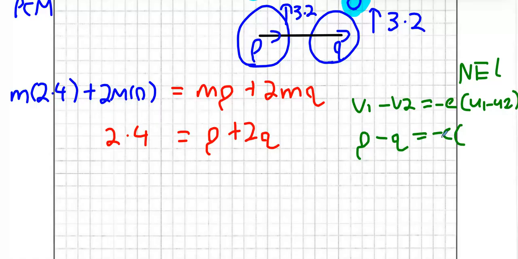So 2.4, yeah? NEL. So P minus Q is minus 2.4 E.